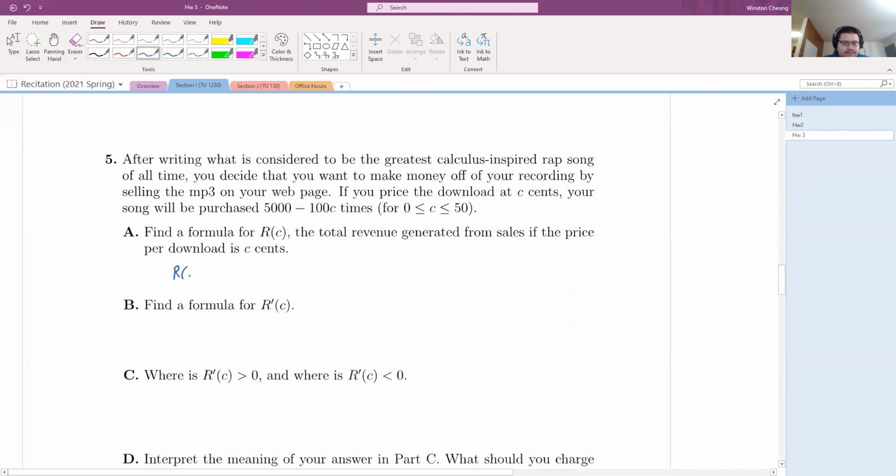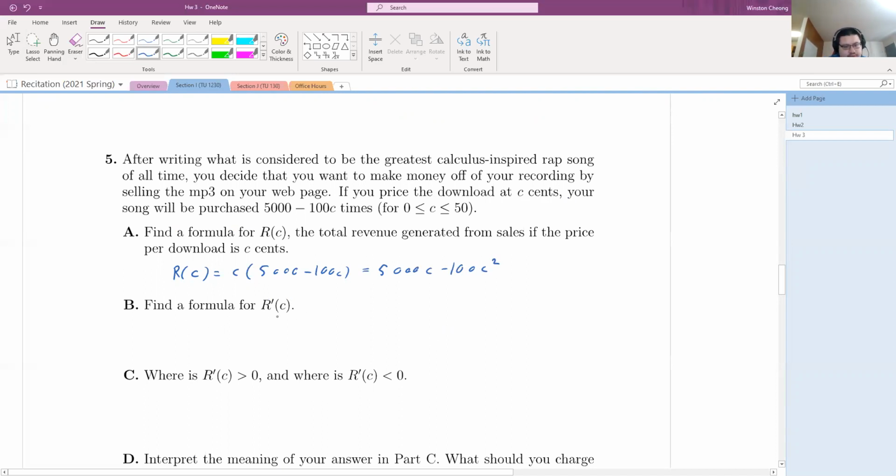So R of C, R is a function of C because we have the number of times purchased as a function of this C. All you need to do is multiply the two things together like that. But then for our derivative, we may as well distribute this over. So we get 5,000C minus 100C squared.